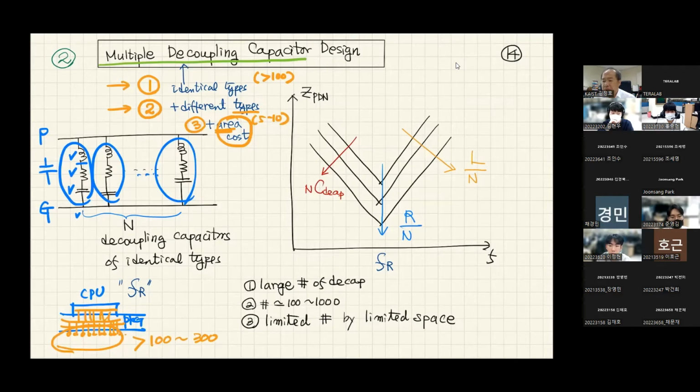Now I'd like to explain the principle by using the PDN impedance curve. The x-axis is the frequency and the y-axis is the impedance. Let's assume that this curve is the case for N equal to 1.